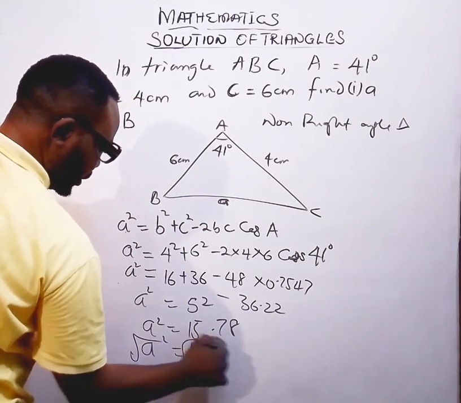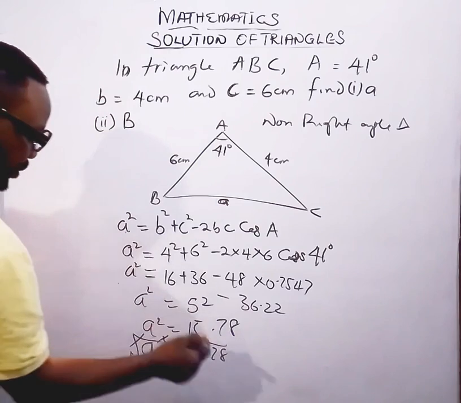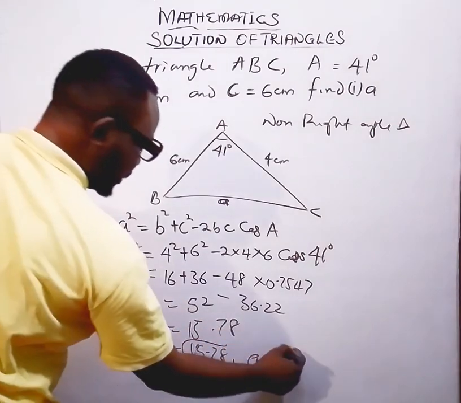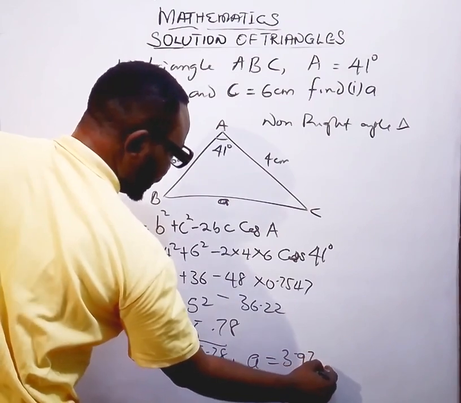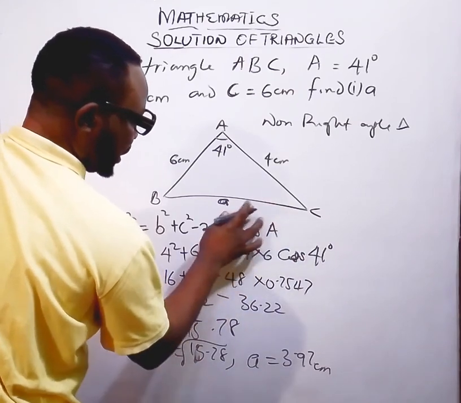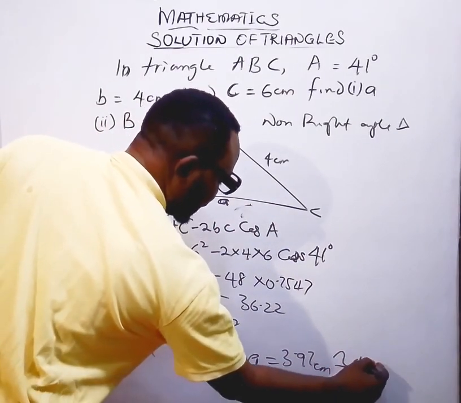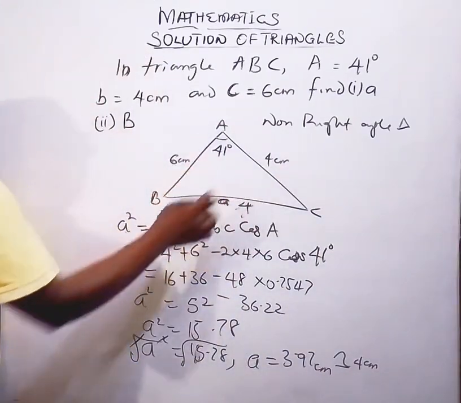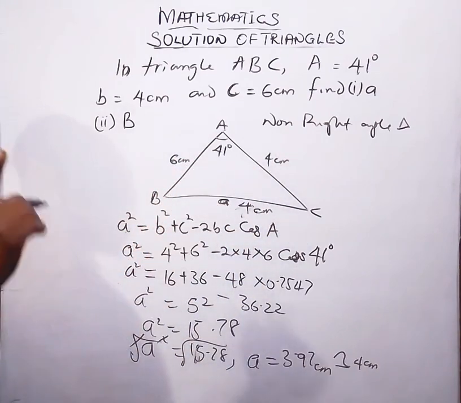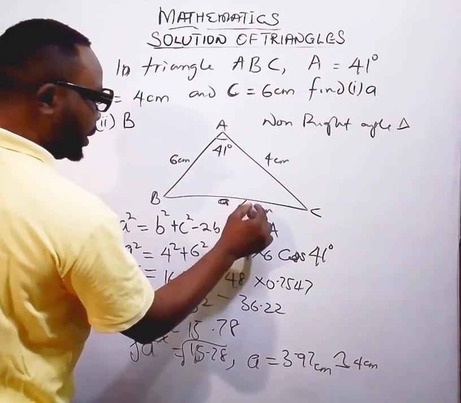We have a equal to the square root of 15.78, which is 3.9797 centimeters. So a is 3.97 centimeters, approximately 4 centimeters, because the rest of the values are in whole numbers, so I try to make it a whole number here.